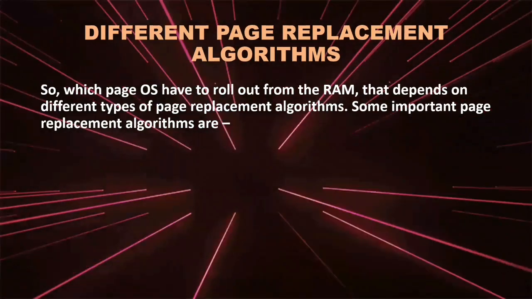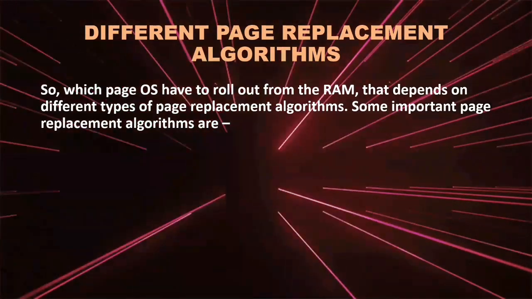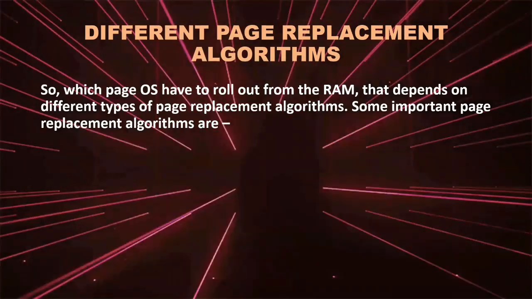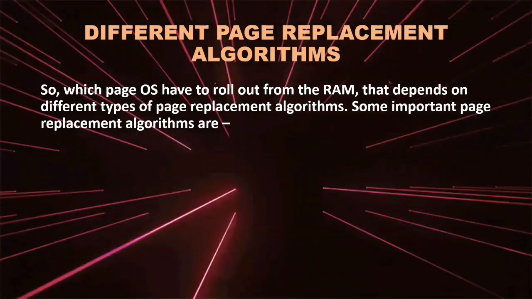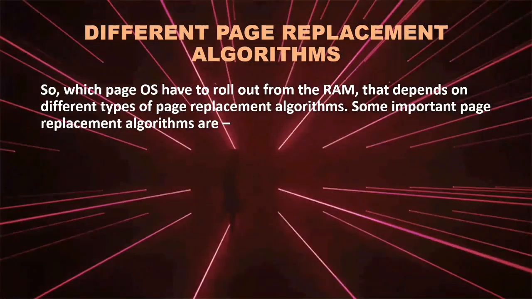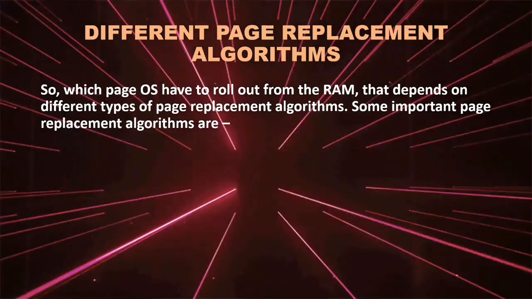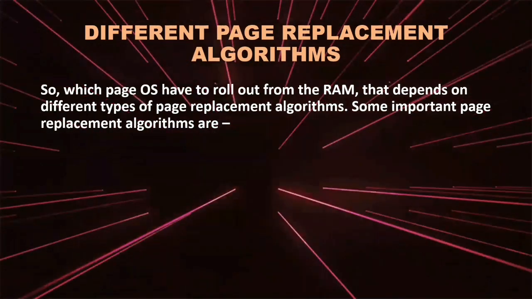There are different algorithms, known as page replacement algorithms. They decide, in a particular situation, which page the OS has to roll out from the RAM. So here I give the names of different page replacement algorithms.